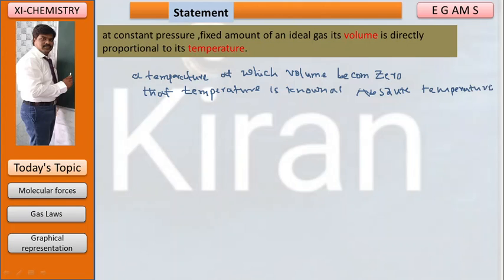Absolute temperature. So now I am going to show you what is absolute temperature.